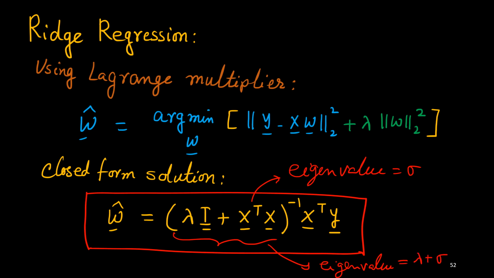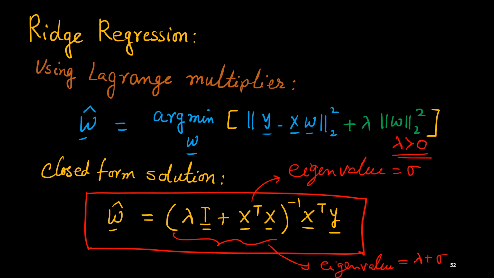That is very simple to prove. So earlier it was 0, now 0 plus lambda is lambda. So the minimum eigenvalue will be lambda, so it cannot be 0. Remember, lambda is always a positive quantity. So this lambda is always positive.